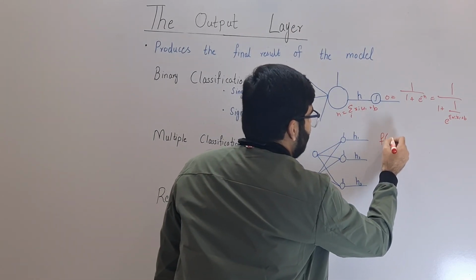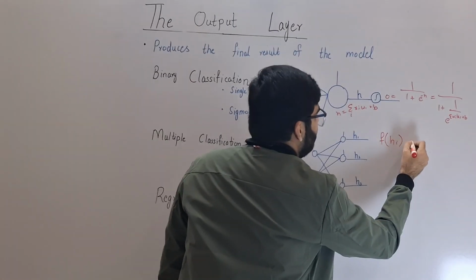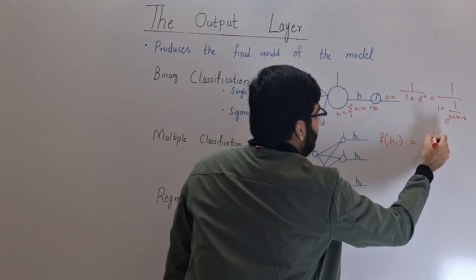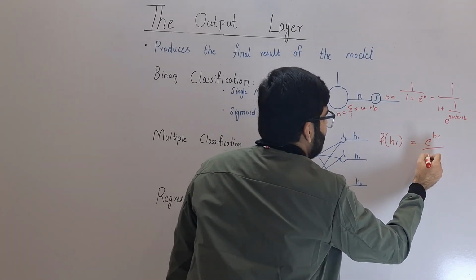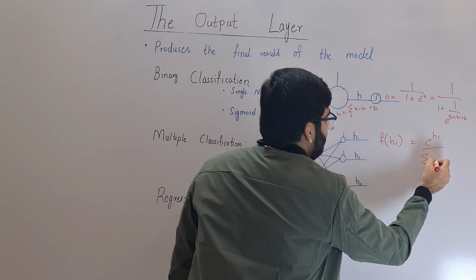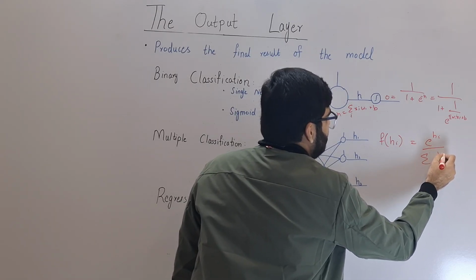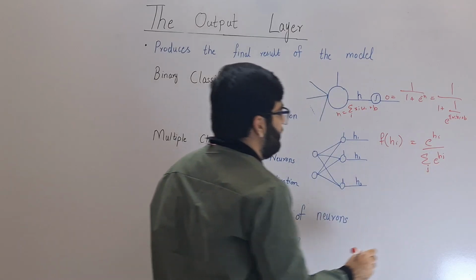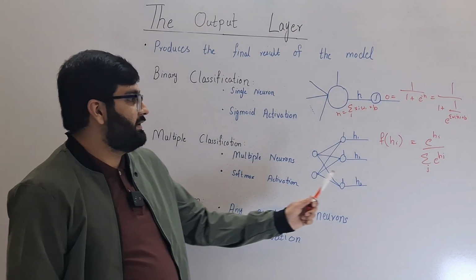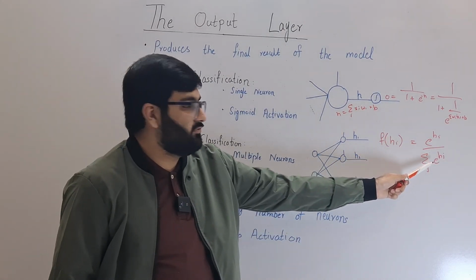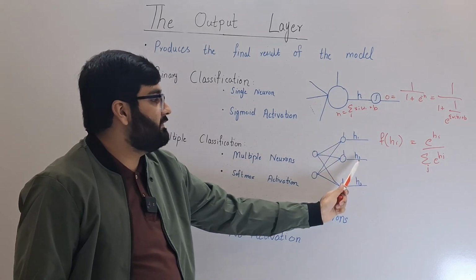F of Hi will equal e power Hi divided by summation e power Hj. That means that we apply this function to each of these three.